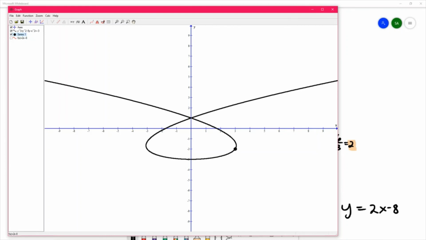And then we were able to calculate the slope of the tangent line to be 2 and the equation of the tangent line to be y equals 2x minus 8. So I've typed in the tangent line so you can see a graphical representation of it here. And you can see near that point 3, negative 2, the graph just touches at that point, giving us this tangent line.